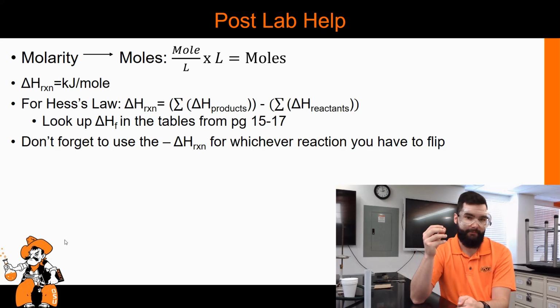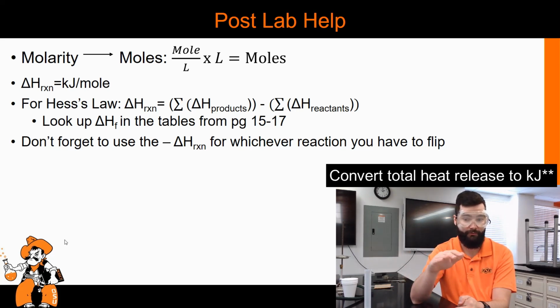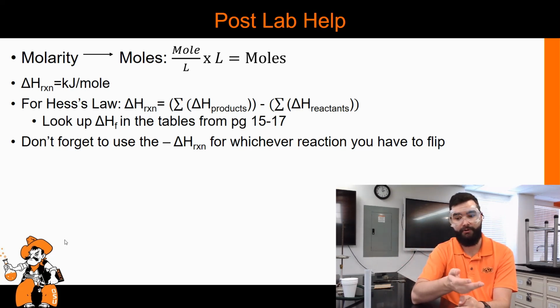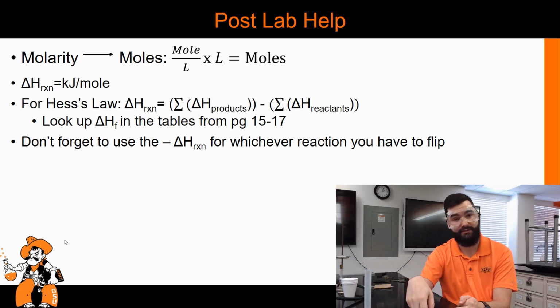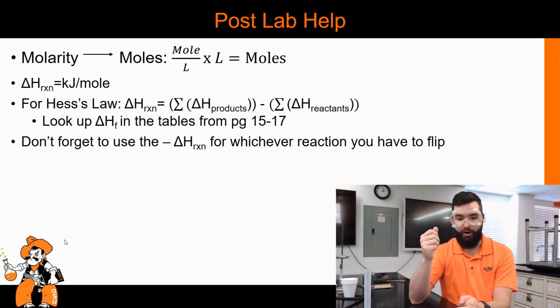You need to figure out that, and then you take the total heat released by the neutralization from part 2, divide that by the number of moles of sodium chloride that you end up forming, and that gives you your delta H in kilojoules per mole. Okay, it was an exothermic reaction. You should end up with a negative delta H value here. For part B, exact same thing, except now you're using the total heat released by neutralization for part 3.